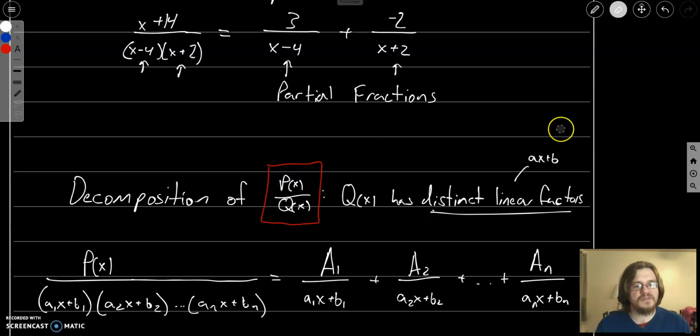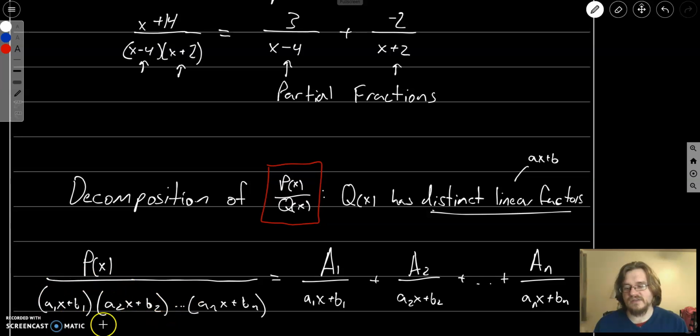We want to be able to completely factor q into linear factors, the same way as up here. One factor is x minus 4, another factor is x plus 2. They also have to be distinct, meaning they all have to be different from one another. I have an x minus 4 here and an x plus 2. Those are different. This has two distinct linear factors.